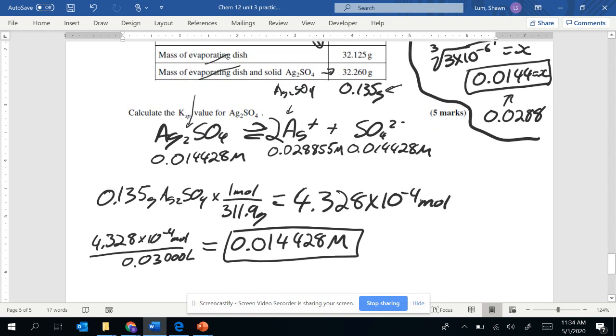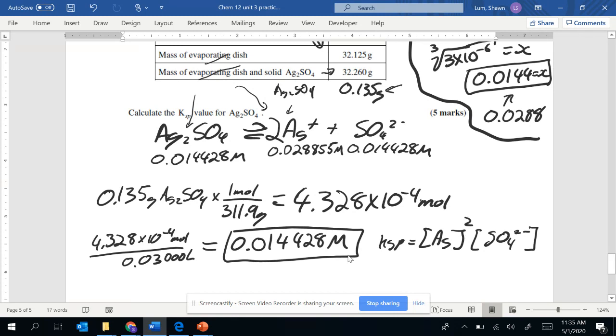We have to find the Ksp of this thing. Ksp equals the concentration of Ag times the concentration of SO4 2 minus. Now, since Ag has that 2 in front, this Ag has to be squared.